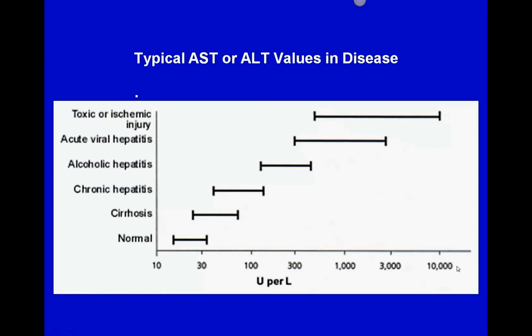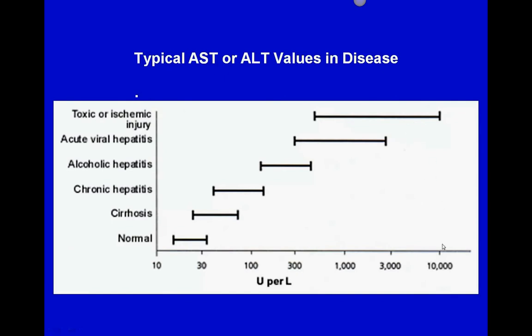As we get acute injury, do you see the higher number could indicate, in acute processes that damage the liver, that there's been a significant amount of tissue damage? So this is toxic, like the person who took the overdose of Tylenol that's broken down by the liver, or ischemic, where they had decreased blood flow to the liver, hepatic ischemia, and they have damaged the liver.